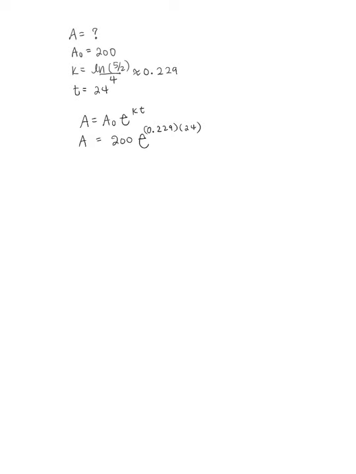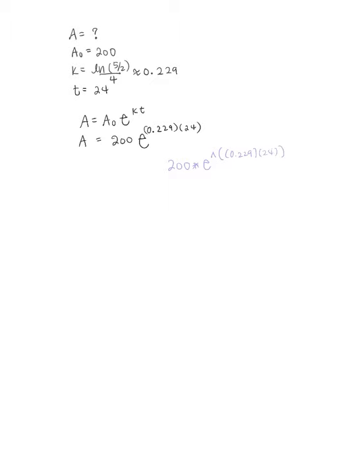Now you're going to have to type in 0.229 times 24. If you look at your calculator, this might be what you're seeing right now. So you got 200 asterisk e to the, and then here comes the parentheses to insert your exponent. Here you can just type in 0.229 times 24, or if you want to be safe, you can put another parentheses, 0.229, and then times it by 24.